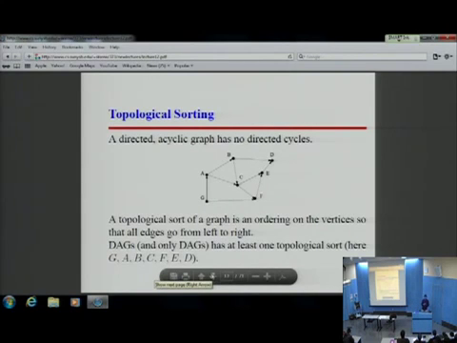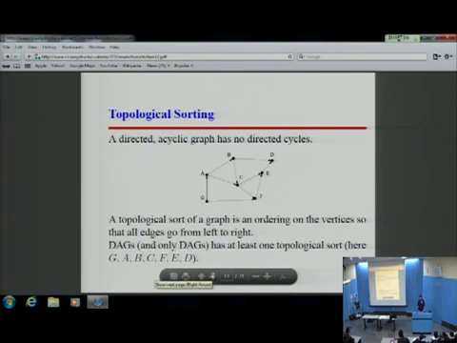And we got to the point where we were talking about topological sorting as sort of being the most important algorithmic graph problems on directed acyclic graphs. And this was the problem of finding a left to right ordering of vertices in a graph such that all the edges go from left to the right.